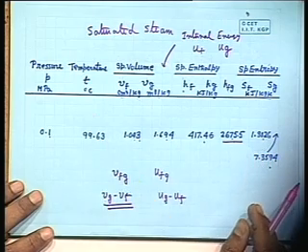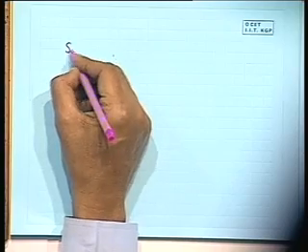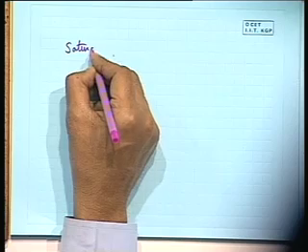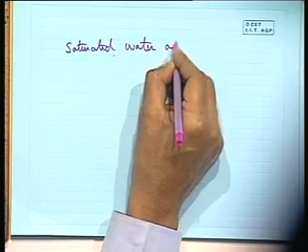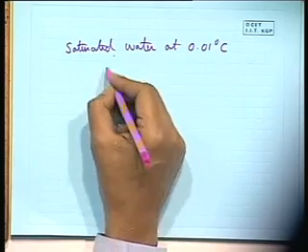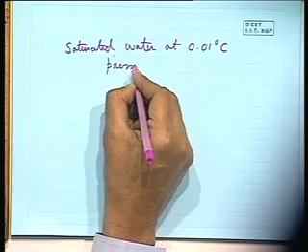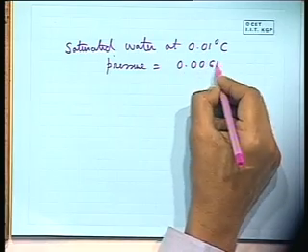So what are the references? That means I have to know the reference datum from which these values have been calculated. The reference value is like this: saturated water at 0.01 degrees Celsius, which means it is the triple point, where pressure is 0.00611 bar.